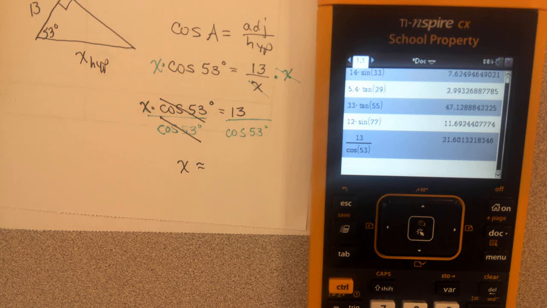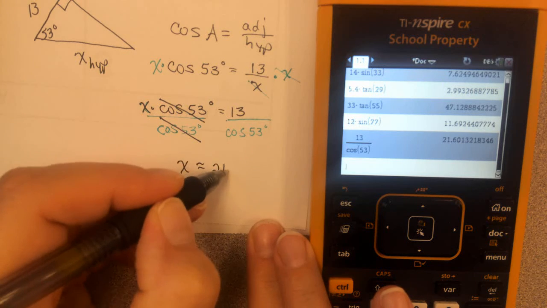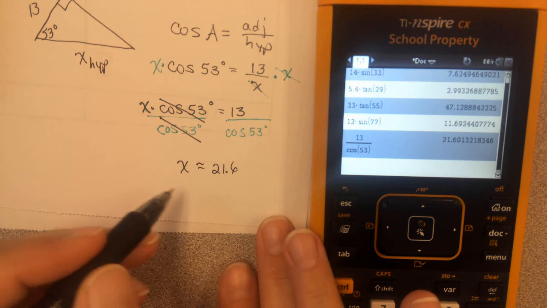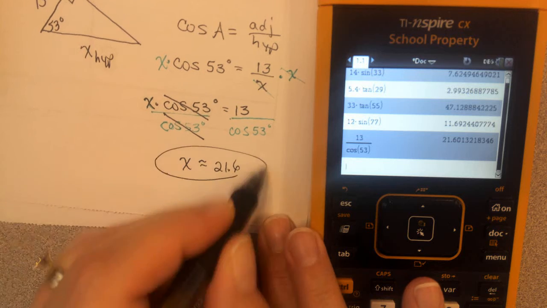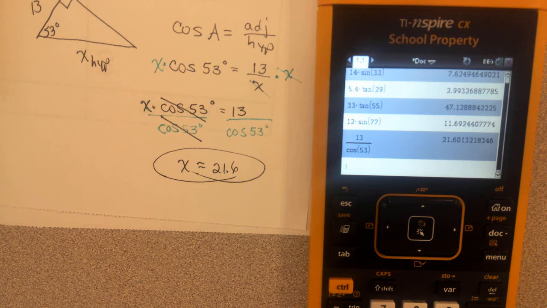You don't have to. You can just type in 13 divided by. It works fine. So that gives us about 21.6 to the nearest tenth. And we don't know units, so we won't worry about units now. So if your x is in the denominator, and sometimes it will be, it does add an extra step.